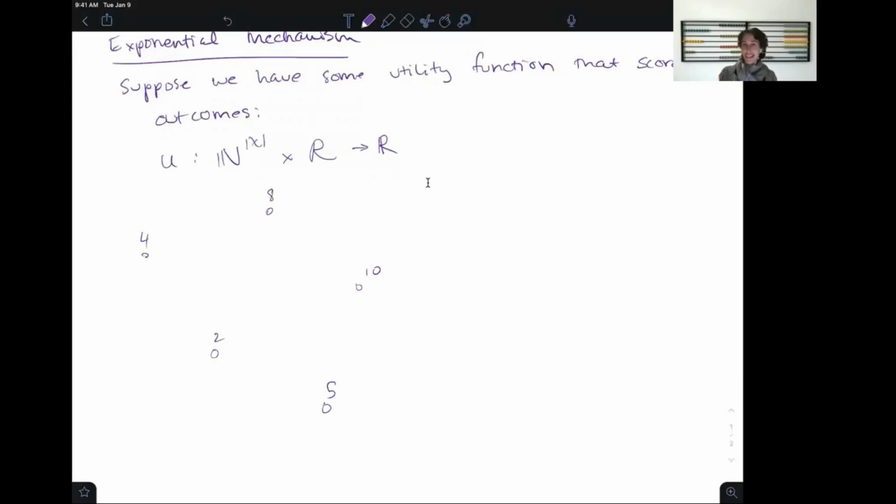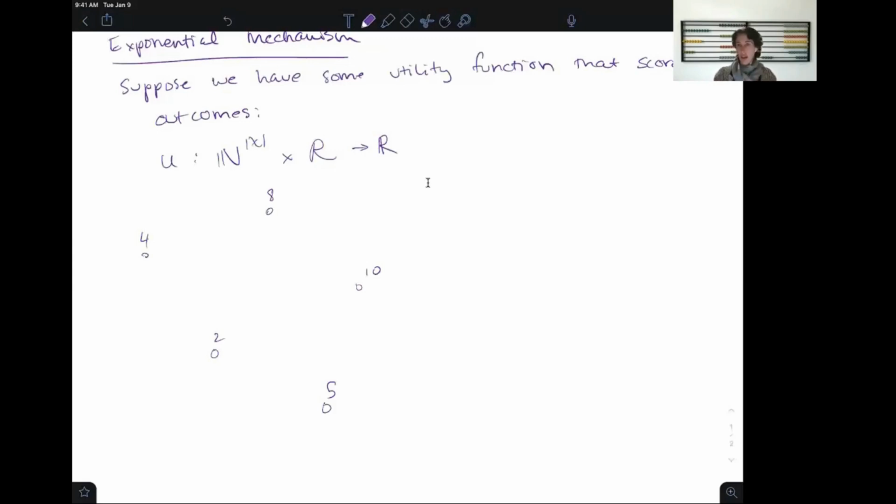What we'd like to do is output something that's of pretty good quality. But of course, we need to preserve privacy, so we can't just output the best outcome, but we'd like to at least bias our choice of the outcome towards the ones that are better. So we want to define a distribution over outcomes that's concentrated on the good outcomes, but that is somewhat stable, so that this distribution is not going to change very much from the distribution that would have been induced by a neighboring database.